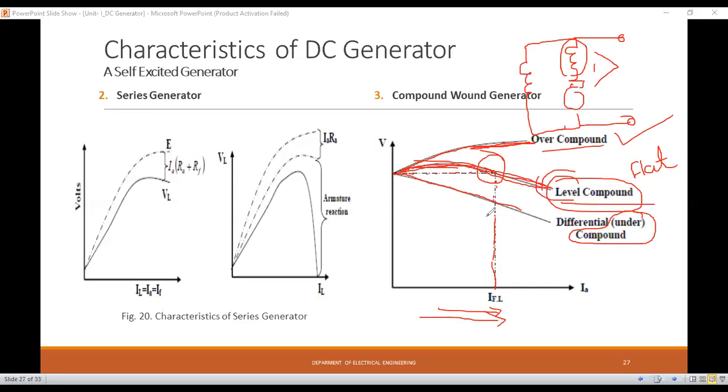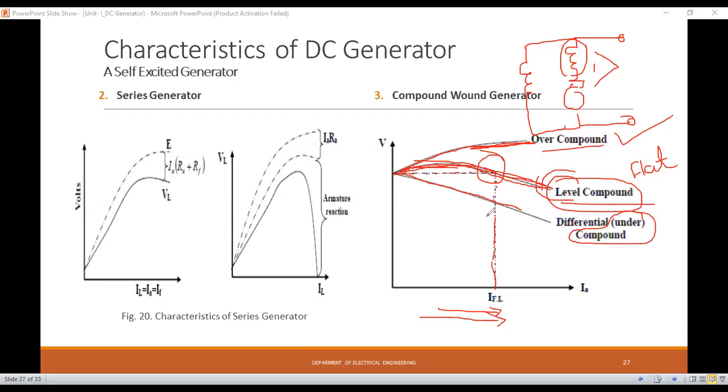Next, series field winding turns will be so adjusted that if the load current increases, the terminal voltage remains substantially constant. This substantially काय आहे, constant आहे. So this condition is nothing but flat compounded condition, or it is called level compounded condition.